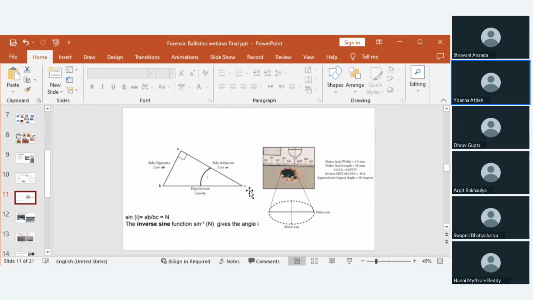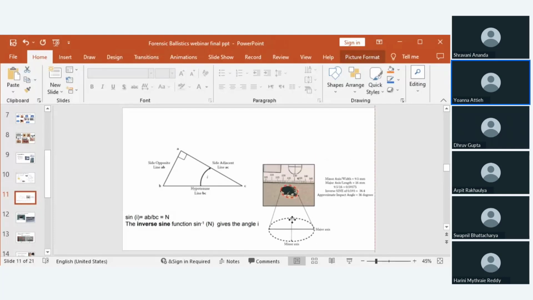This is math, okay? So how did we find AB? Simply, AB is equal to the caliber of the bullet. And at the same time, AB is equal to the minor axis.